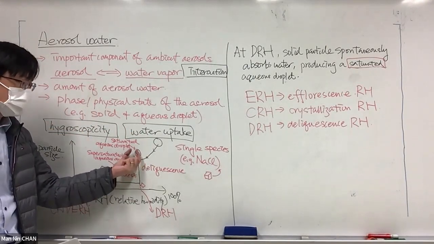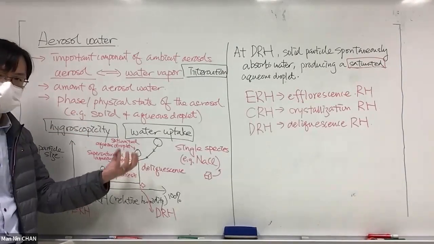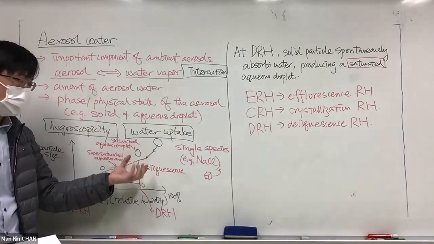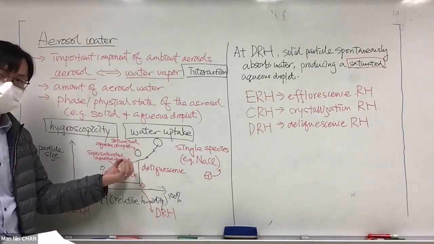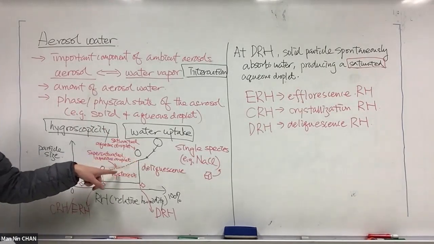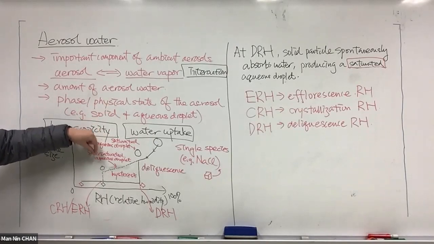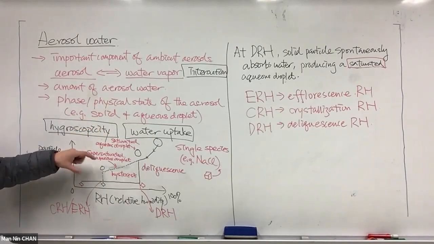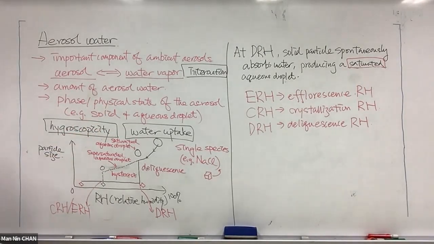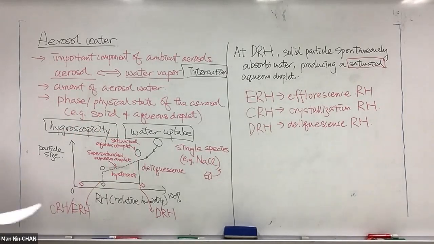You need to keep losing some of the water, and eventually reach a certain high concentration, then you can trigger the crystallization. So that is why you always have this hysteresis.